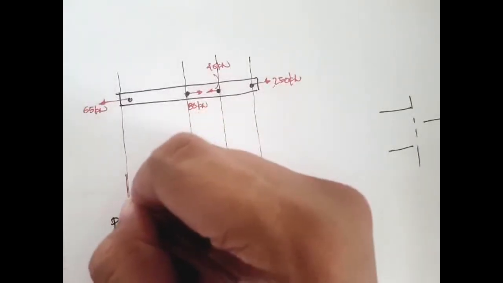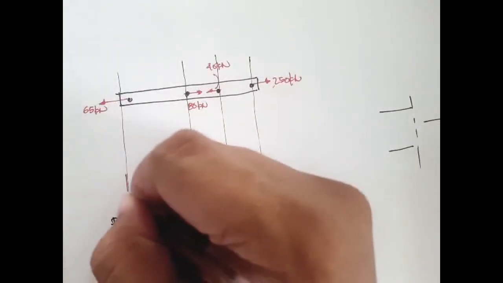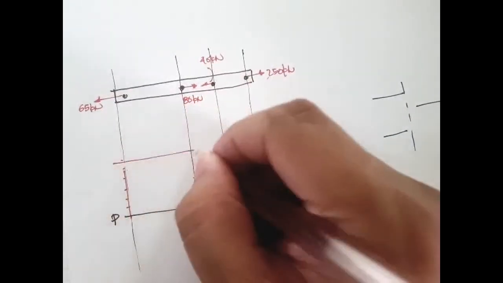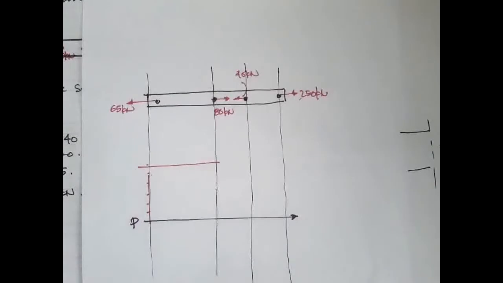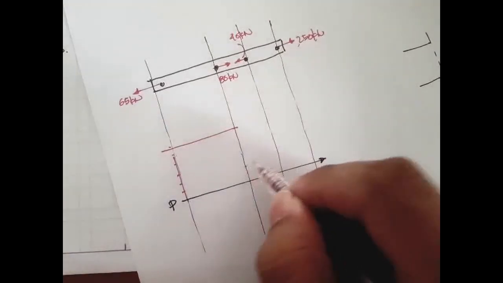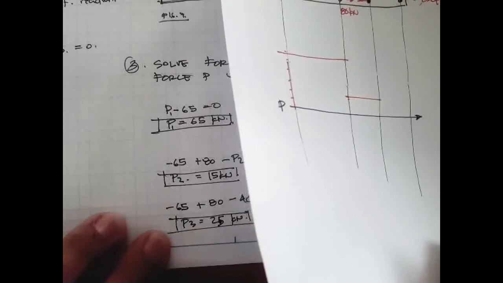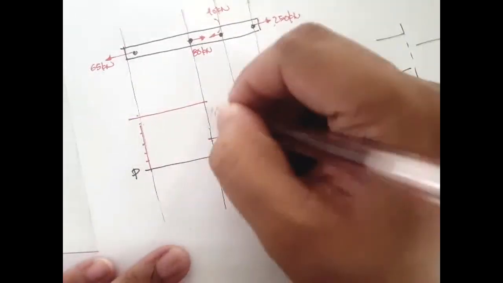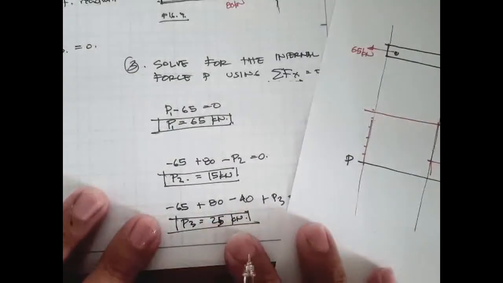Okay, so this is 65, and then from point B to point C, this is 15. And then from point C to point D, we have a value of 25.